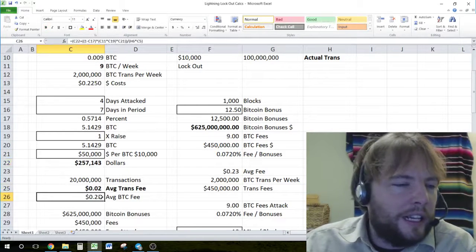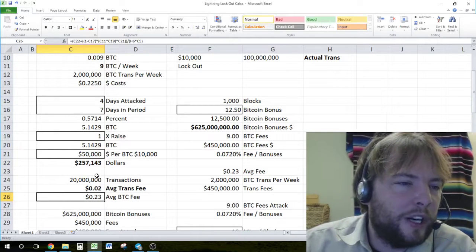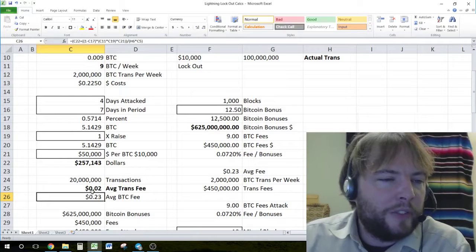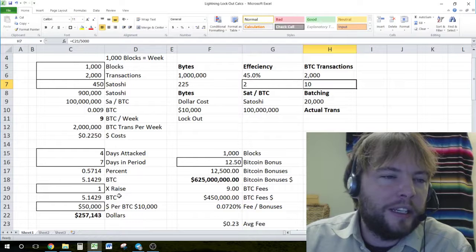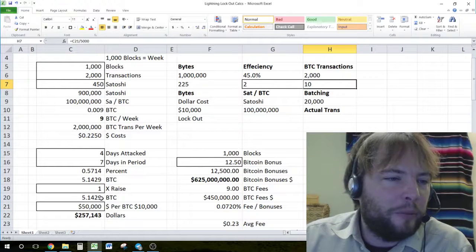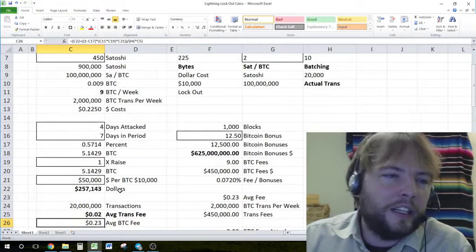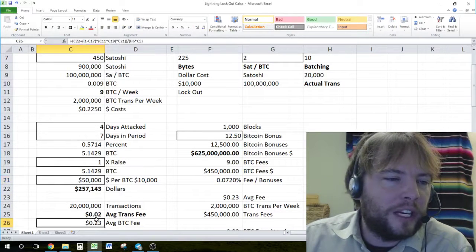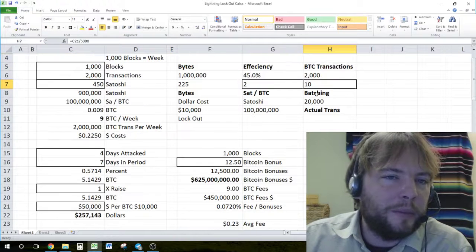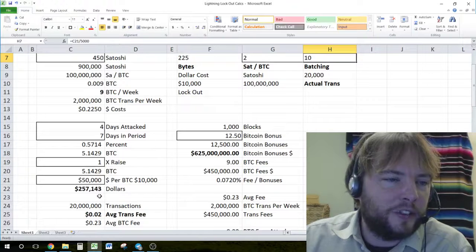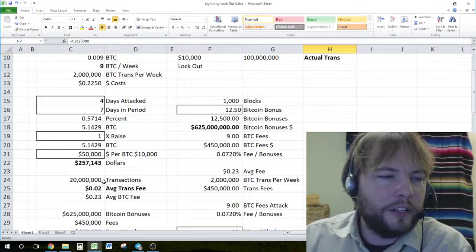At $50,000, we can still send transactions for roughly a quarter, so that would probably not disrupt anyone. However, if we batch transactions, and I'm going to say that the desire for people to batch transactions will increase linearly with the increase in price and the increase in the Bitcoin network fee. So here I'm saying that we're now batching 10 transactions for every one Bitcoin transfer. So you can kind of see how that works.